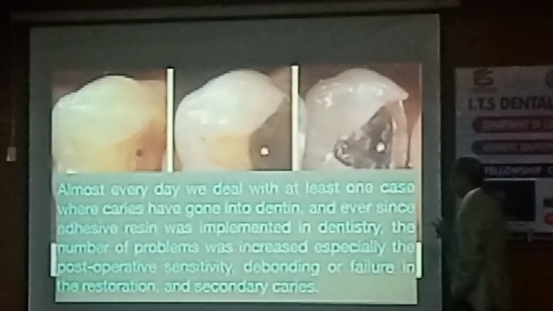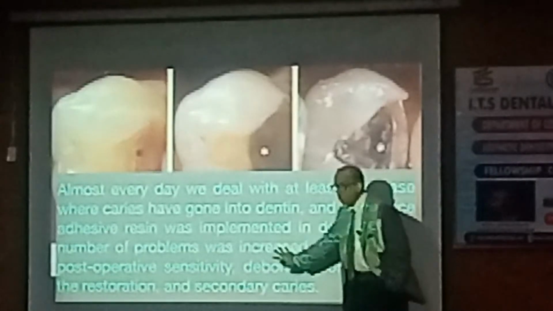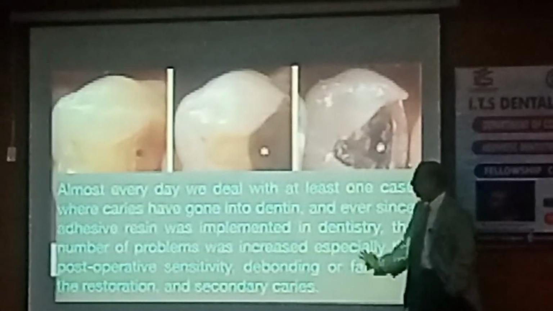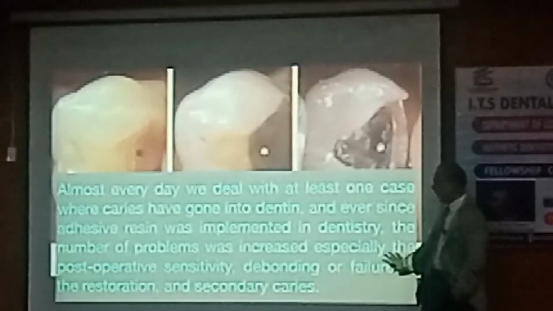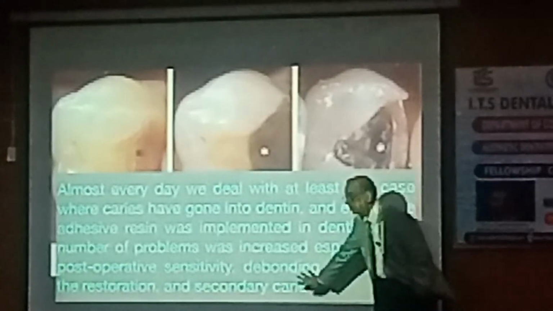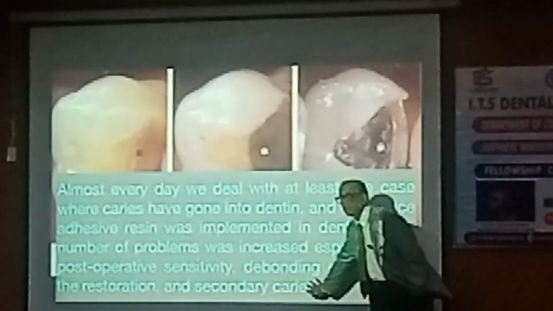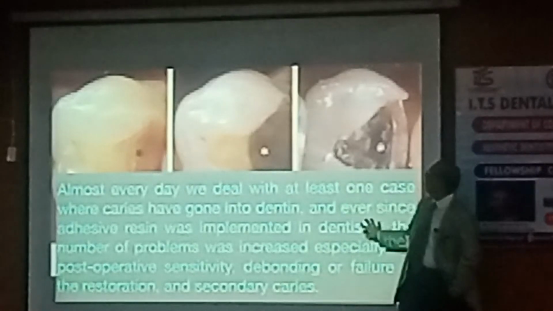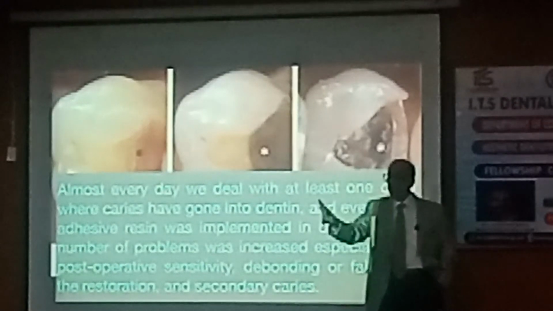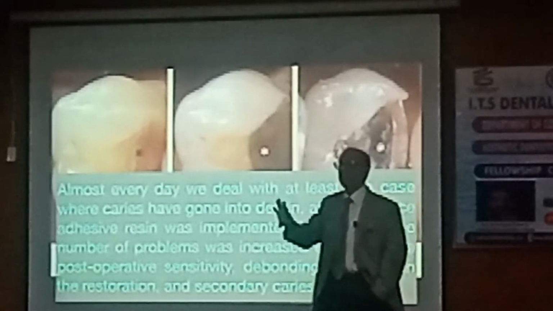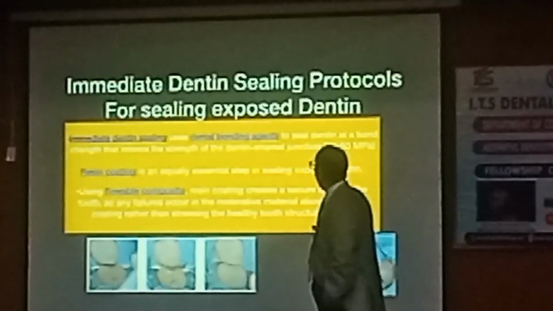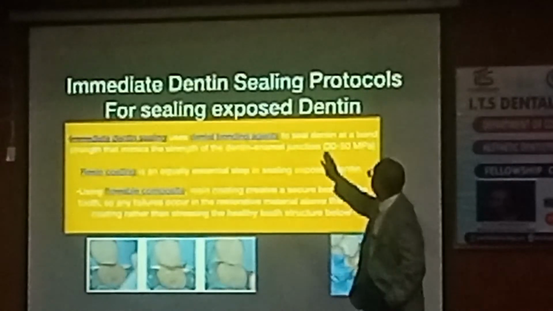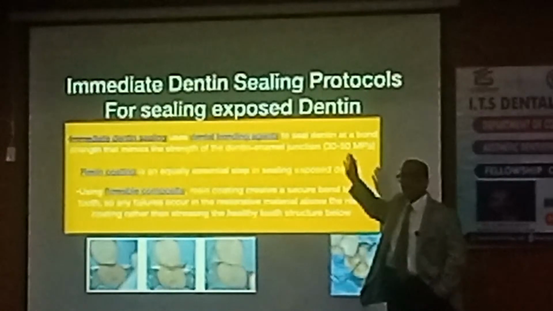So we have to avoid post-operative sensitivity, we have to avoid debonding, we have to avoid pain and chances of secondary caries, right? So we have to do something so that whatever restoration we give is successful long term, and that is where we come to immediate dentine sealing.